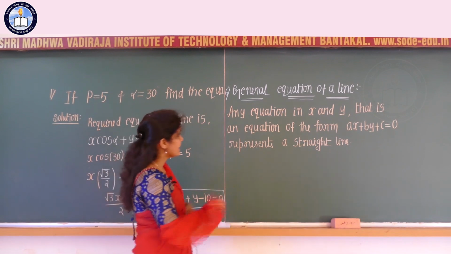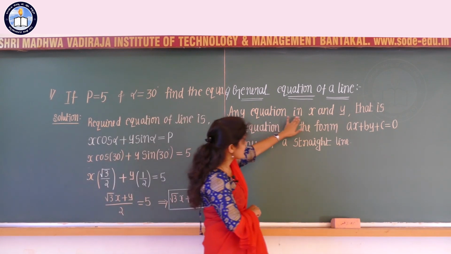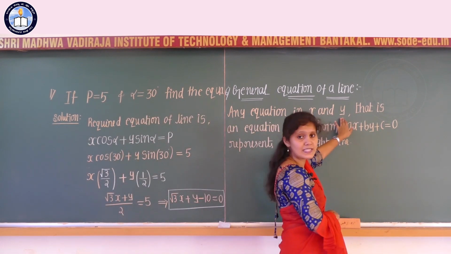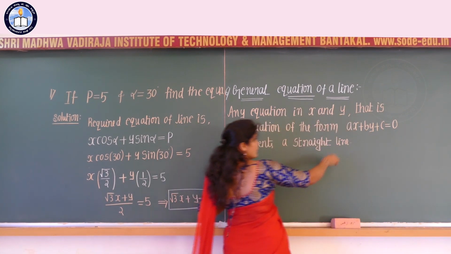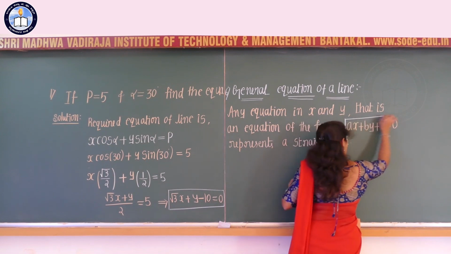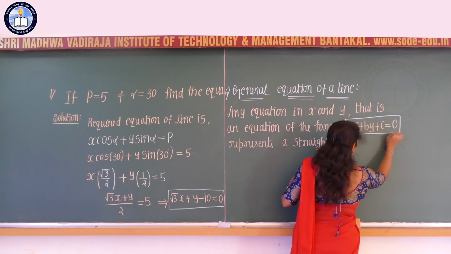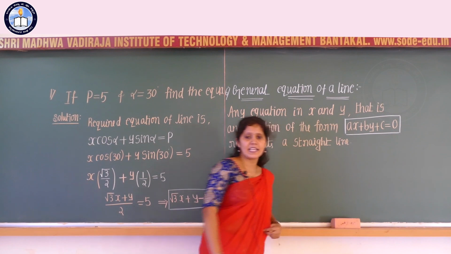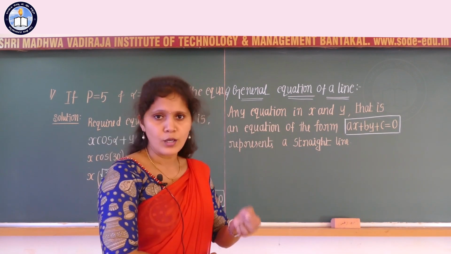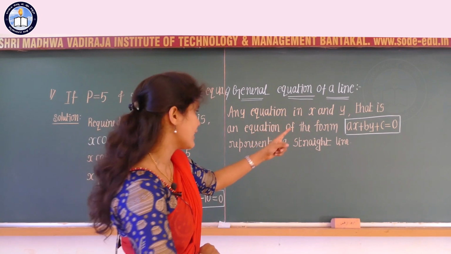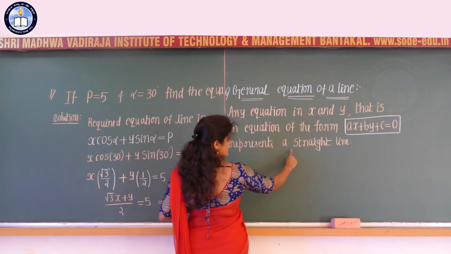That is, if we are having an equation of the form a into x plus b into y plus c is equal to 0, where x and y are the unknown variables and a, b, c are the constants which belong to the set of all real numbers, that represents a straight line.